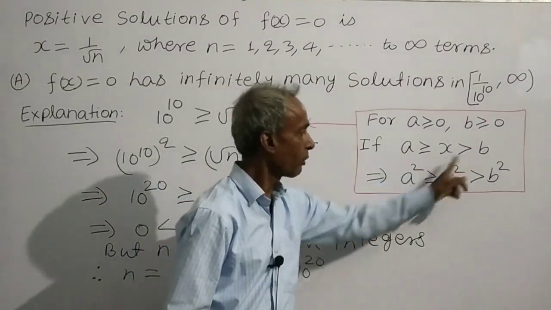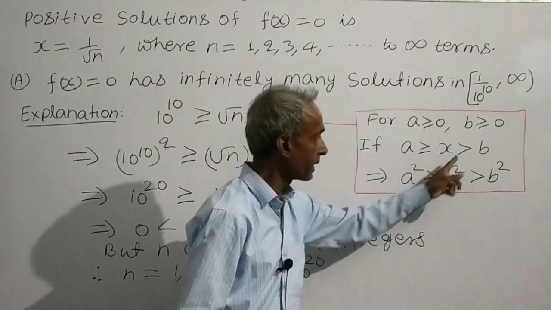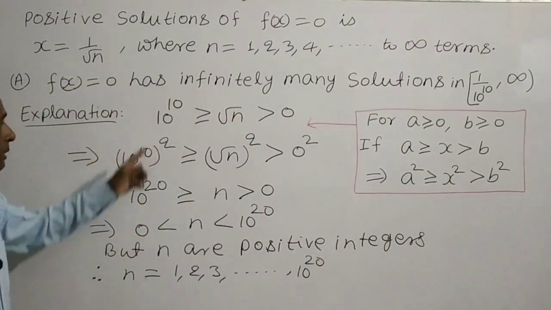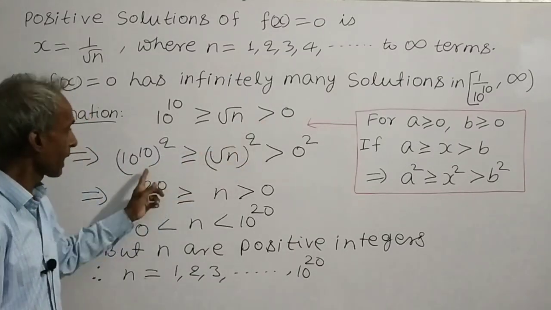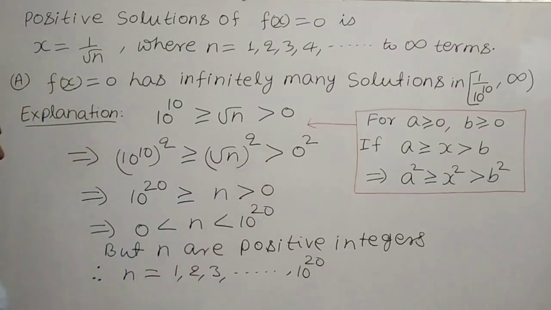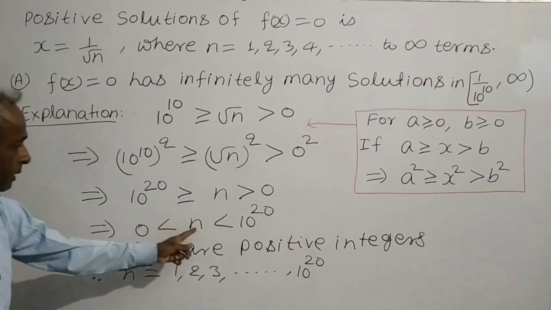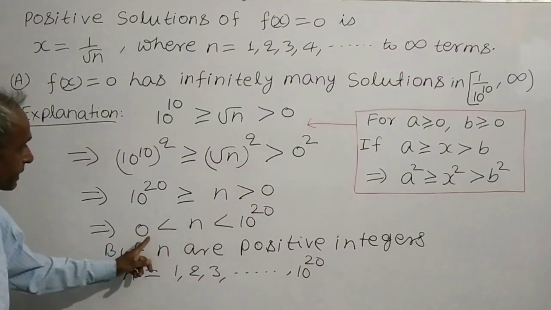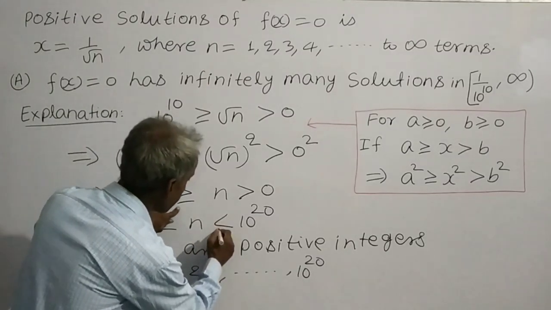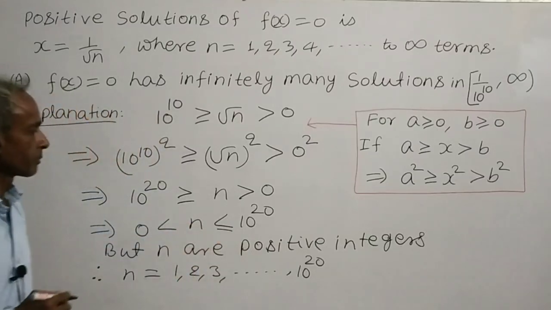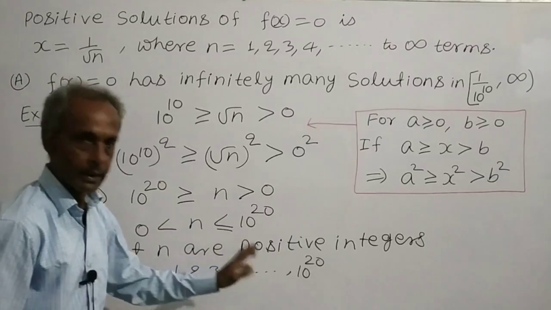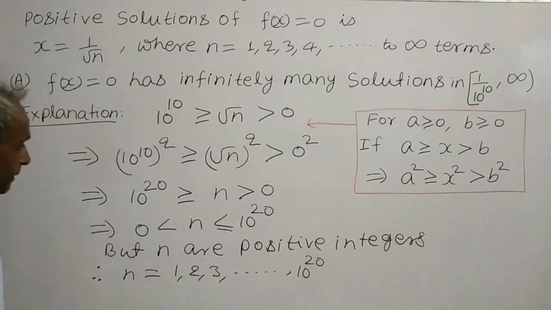When we square, the inequality does not change. Therefore, when we square these three, the inequality remains the same. And n lies in this interval, but n is a positive integer.